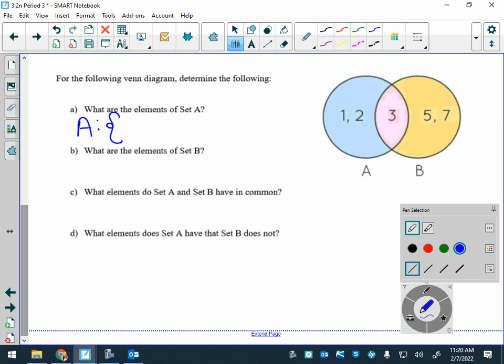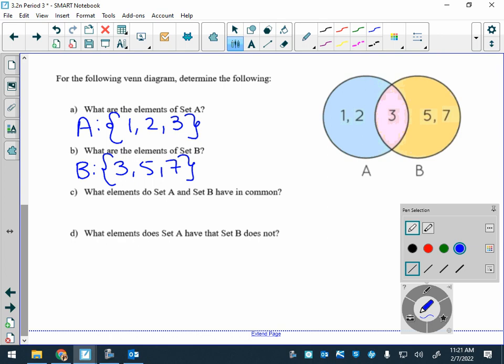What numbers? Well, excellent. 1, 2, and 3. It's this whole circle of A. What elements are in set B? John? Excellent. Okay, and again, those squiggly brackets are back, that represent a set.